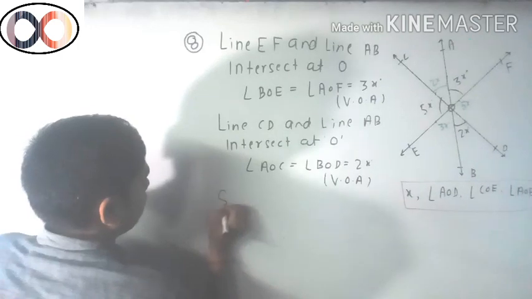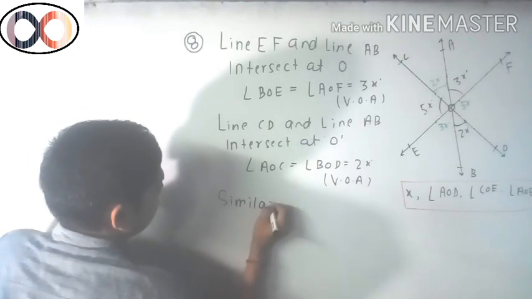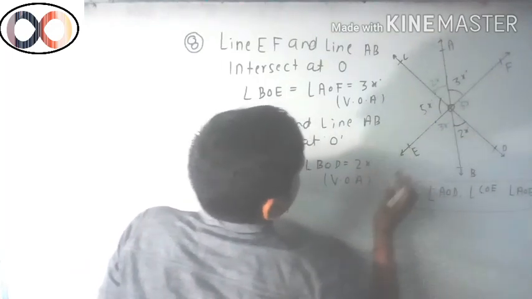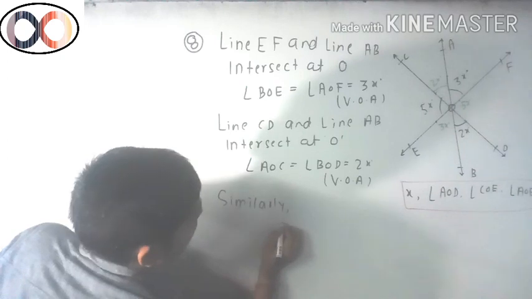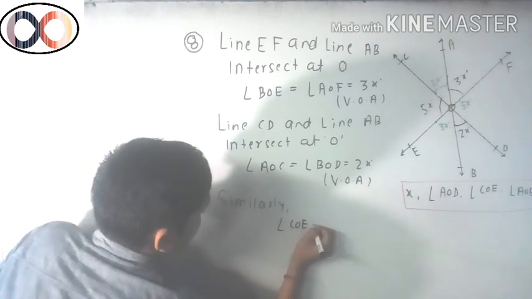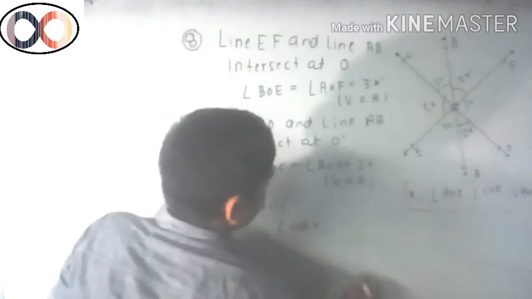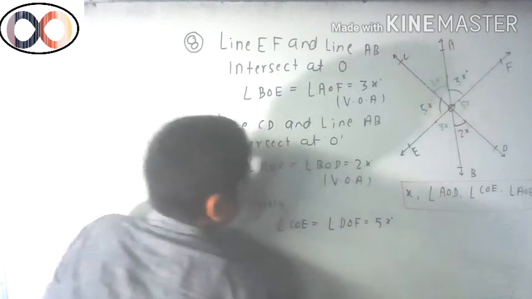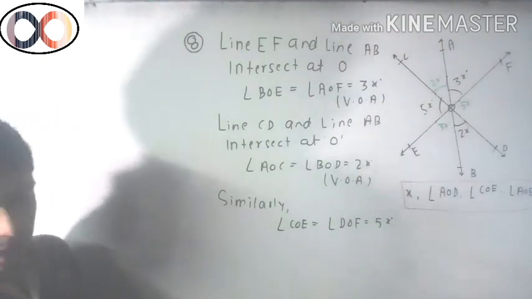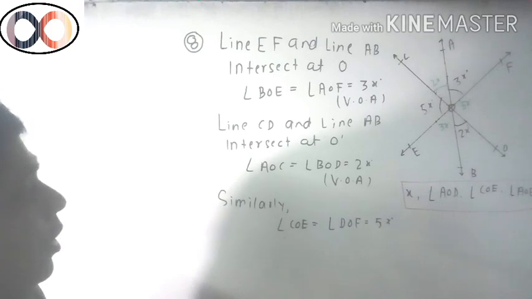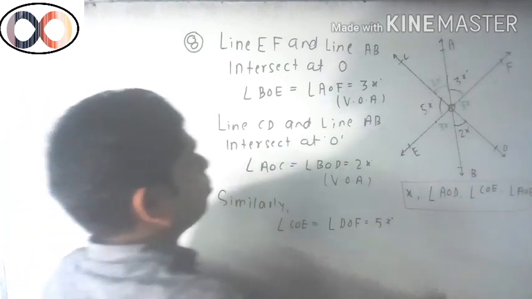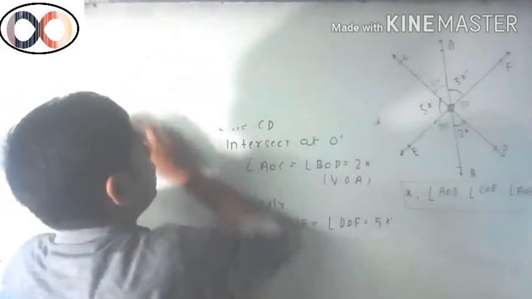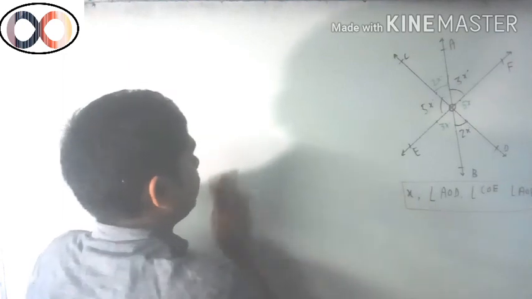Similarly, we can write here, 3x, 2x, done, 5x. Angle COE equals angle DOF, that is 5x. Now you can add all of the angles and equate to 360.